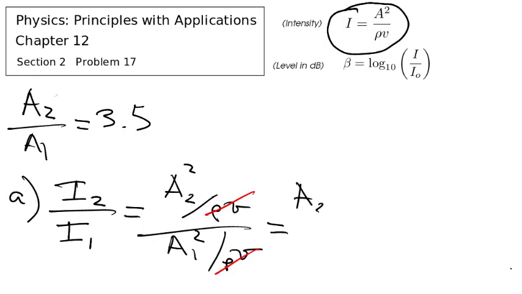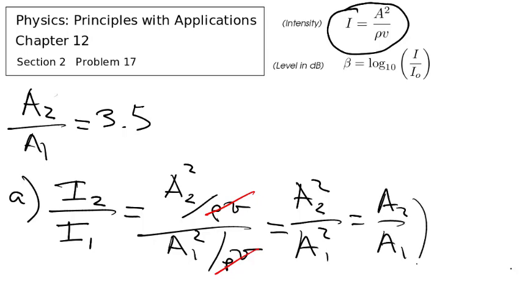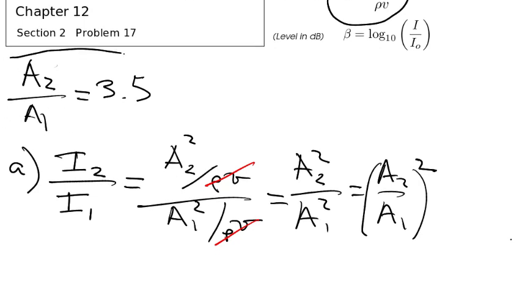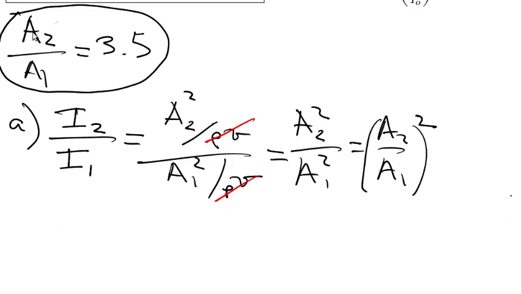What remains is A2 squared over A1 squared, which is algebraically the same as A2 over A1 quantity squared. And you can see the importance of starting off with this equation, because we can plug that in right here.